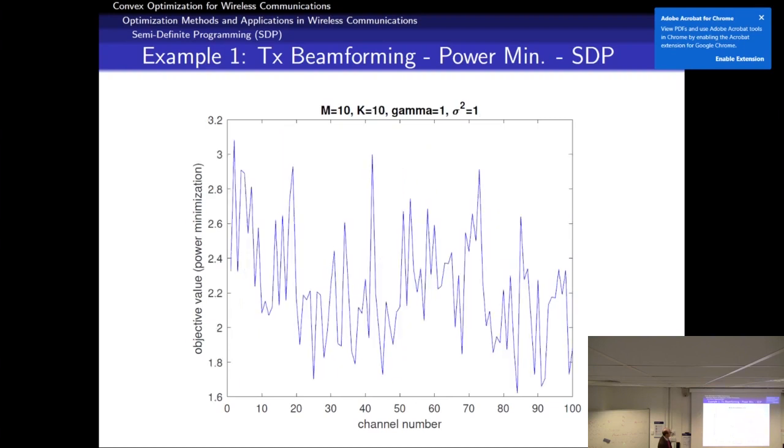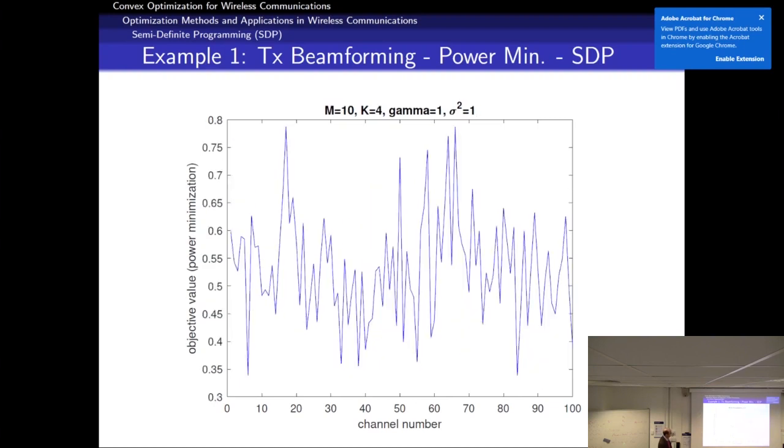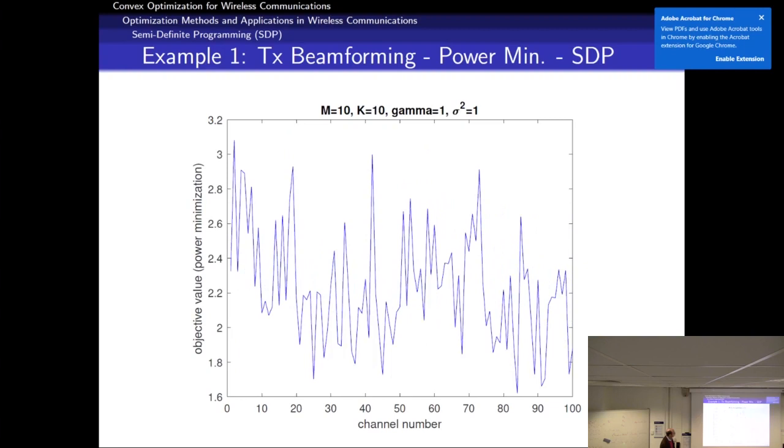Right, so what if now I increase the number of users? I have 10 antennas and 4 users, and then I go to 10 users with the same number of antennas. What do you expect? The power should increase, right? You increase the number of users, and you have more constraints at the receiver, because instead of 4 users for which the SINR has to be larger than a certain threshold, now you have 10 users.